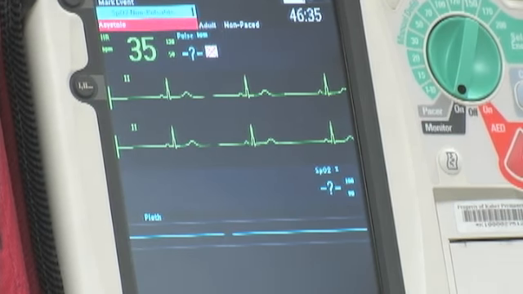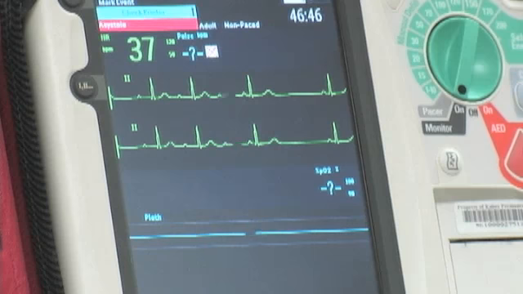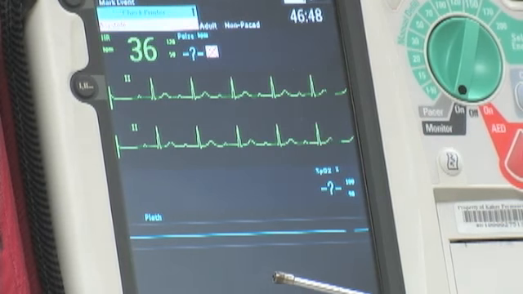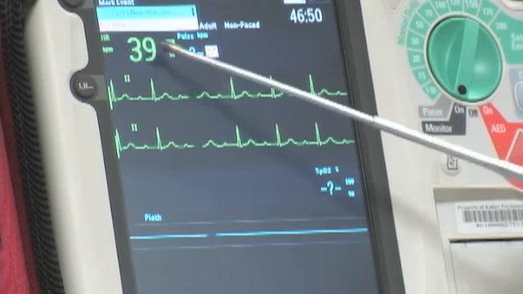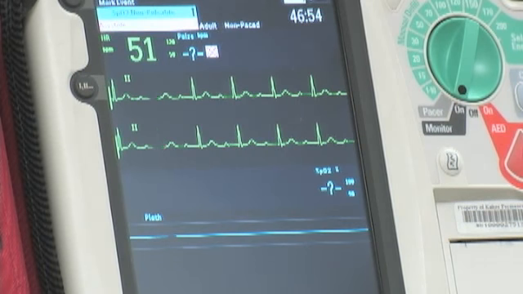Okay, so from sinus bradycardia, we're going to go to this one. And here we go. So you see the rate is 39, 43, 45, 48. It's climbing.